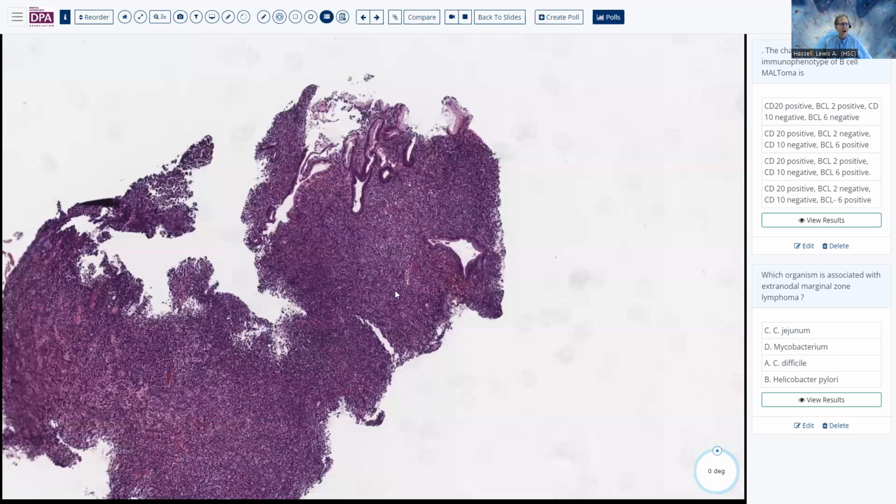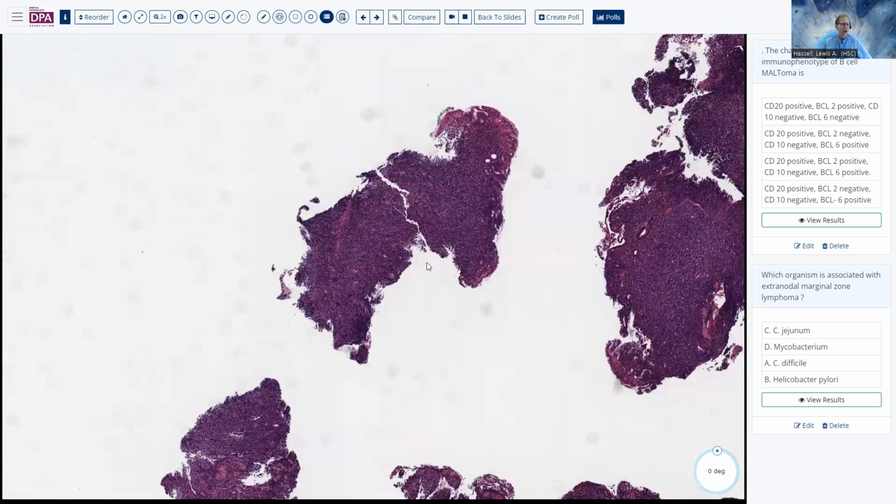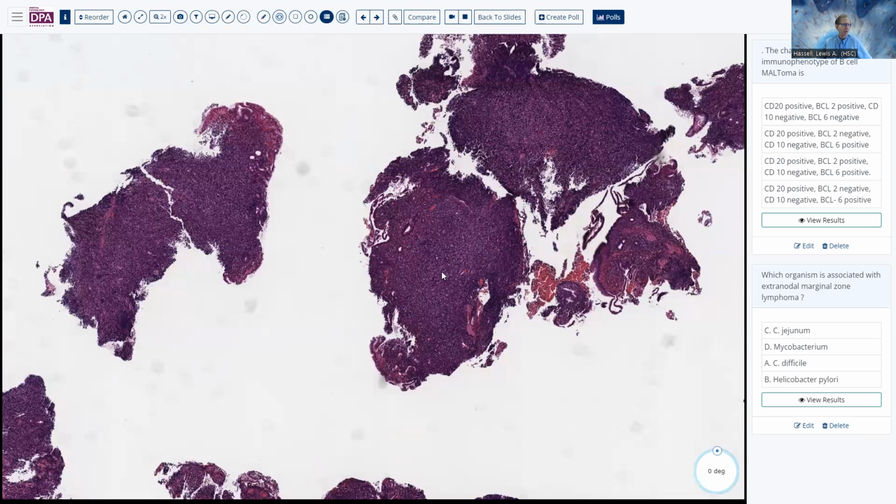So this is not a hard thing to recognize, but sometimes the thresholds as to when it's lymphoma and when it's just lymphoid hyperplasia can be a little bit difficult. So clonal expansion often occurs in the setting of ongoing H. pylori stimulation, but it may not be sustainable because those cases will often resolve completely with anti-Helicobacter treatment.